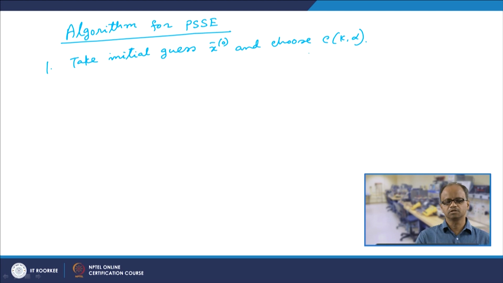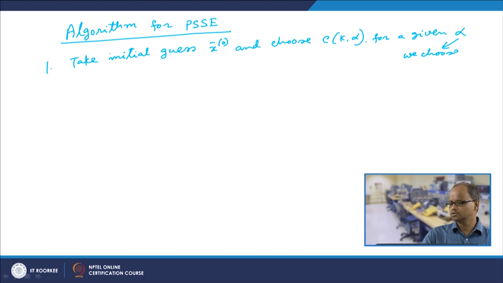C k alpha is nothing but the threshold as obtained from the chi-square distribution for a given value of alpha. We must also note that we choose alpha.